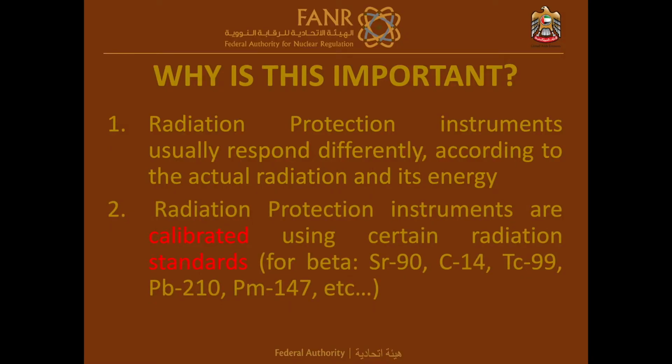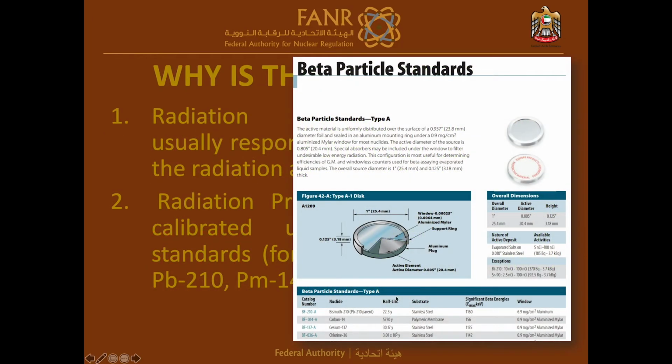And normally, radiation protection instruments, beta sensitive, are calibrated by using standards of either strontium-90, carbon-14, technetium, lead, promethium, and normally these standards are very well defined.